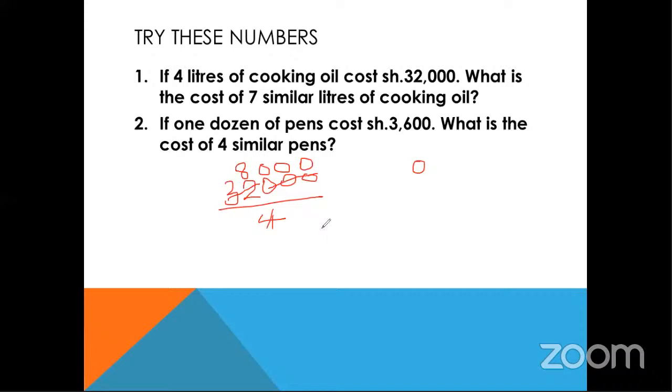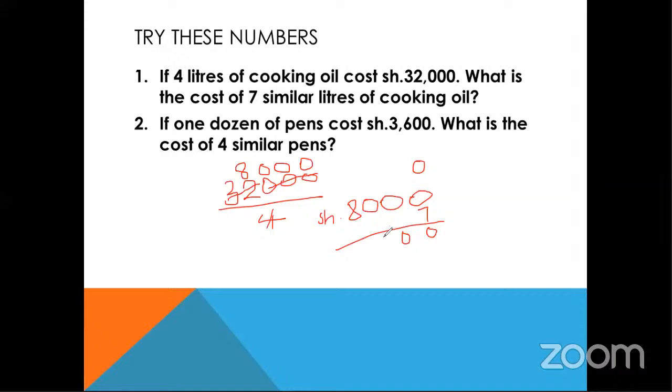So how do we now get the cost of 7 similar liters? We multiply 8,000 shillings by 7. Let me write it and you tell us as we are writing. 7 times 0, what do we get? 0.